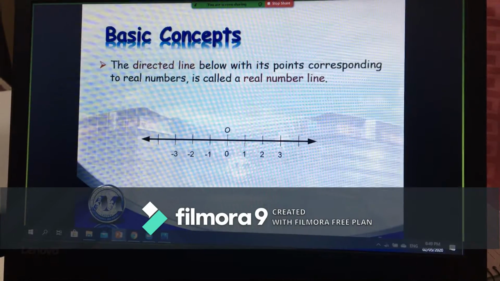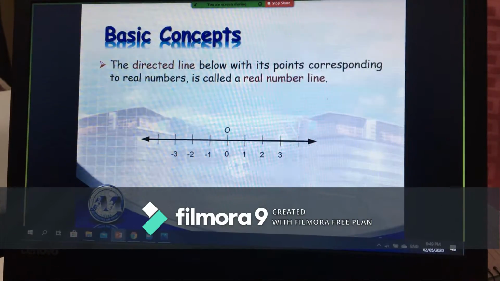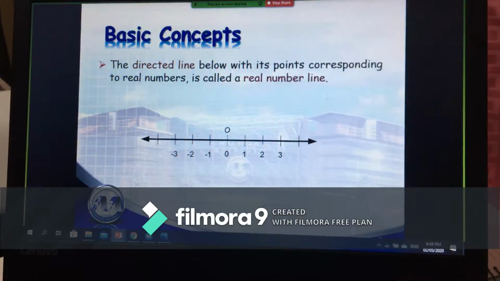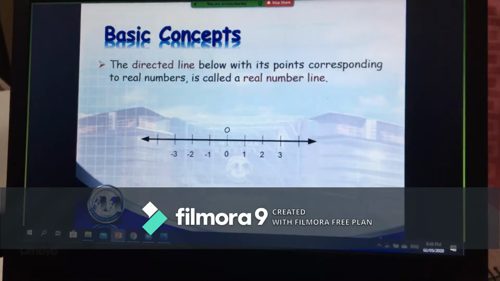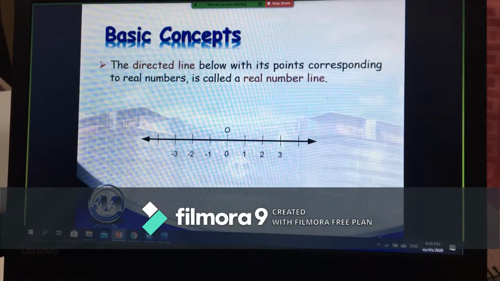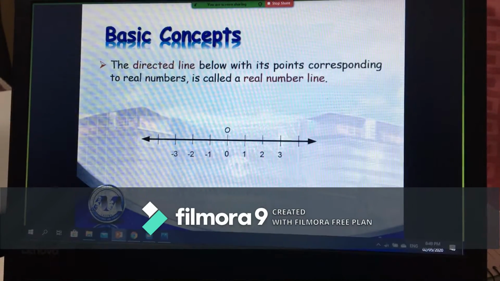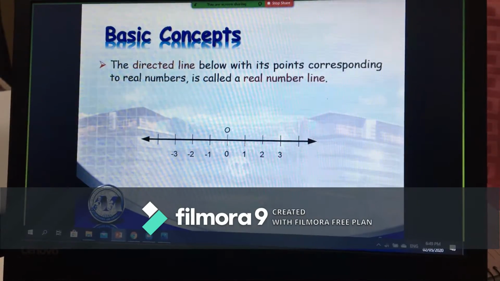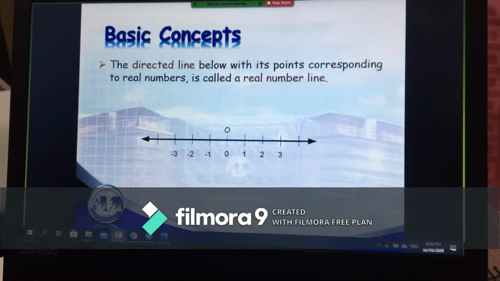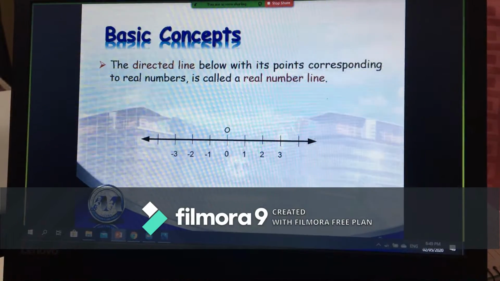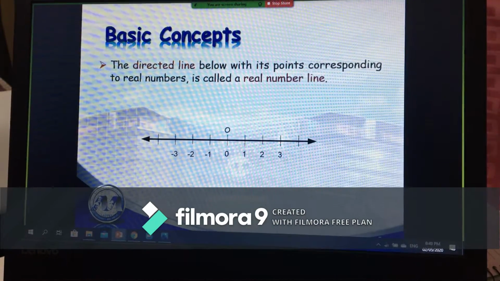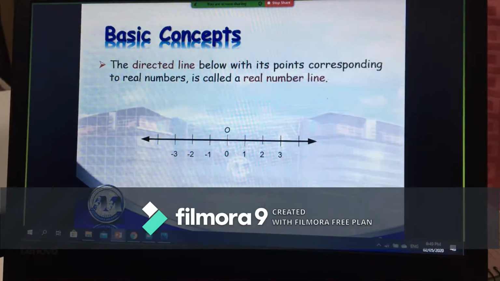So any measurement is taken from that point, the origin O, going to the right or going to the left. And our convention is the point moving from that original point to the right is positive, and from that point to the left considered as negative. Alright? So the directed line below with its points corresponding to real numbers is called a real number line.